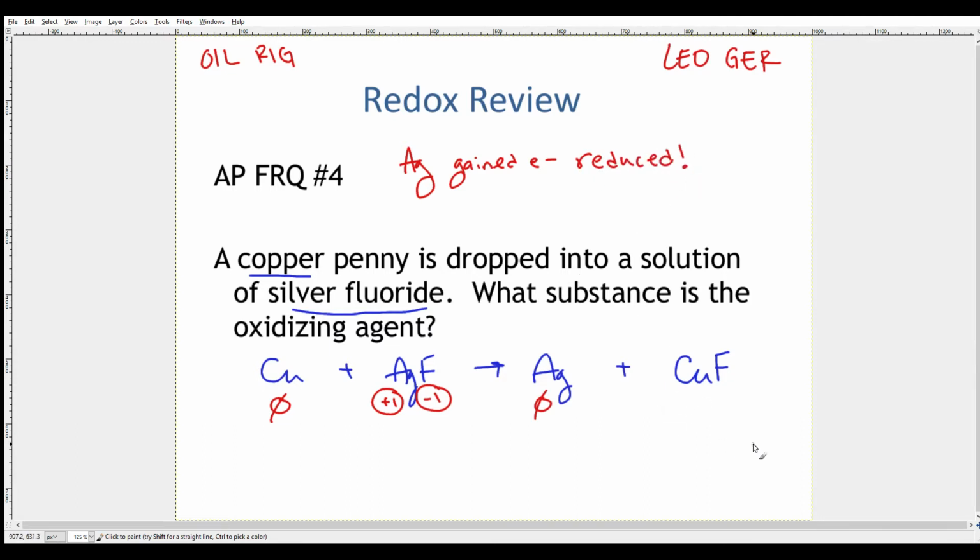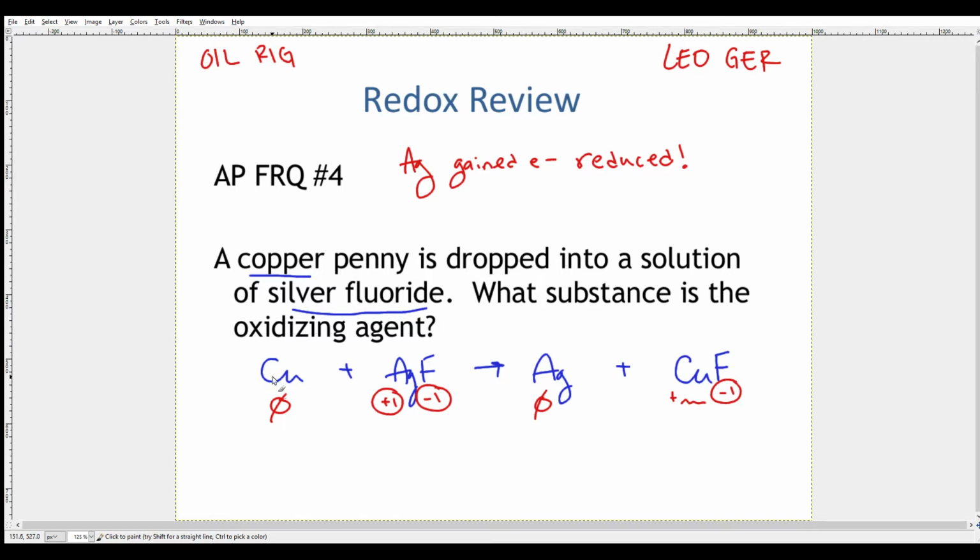Well, let's just make sure that this makes sense. If something is reduced, something else must have been oxidized. Let's check if copper was oxidized. I know fluorine's charge must be -1. And in order to balance that out, copper is going to have some sort of positive charge. See, I don't know if it's CuF2 or just CuF or whatever, but it's going to have some sort of positive charge.